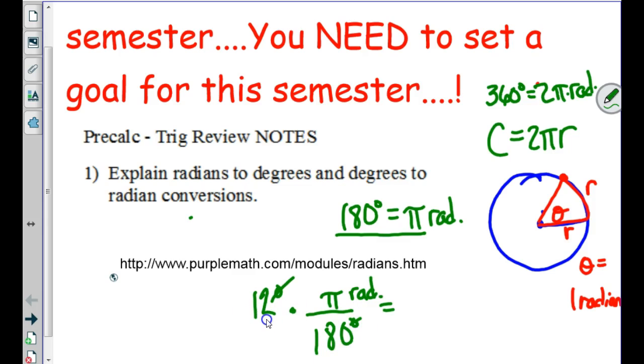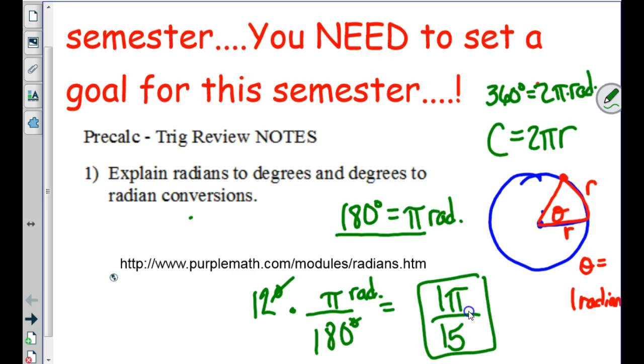On your calculator, you can just type 12 divided by 180, math, enter, enter, and it'll reduce that. Anybody know what that would reduce to? 12 would go into 180. It's 1 over 15. So you'd have pi over 15 radians.